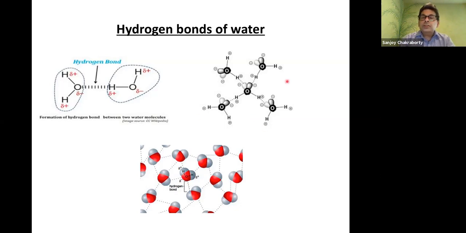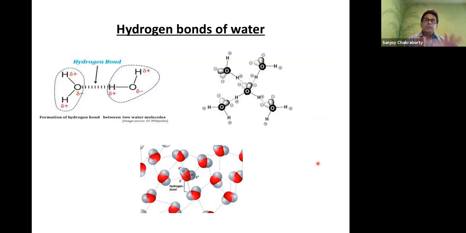Now, why is this so significant? Because in a drop of water, there will be billions of hydrogen bonds. They interact, like social interactions, so they create a network of molecules. Water in a drop creates a network.